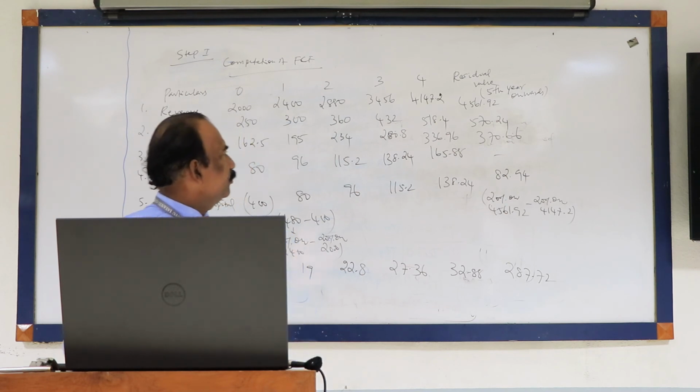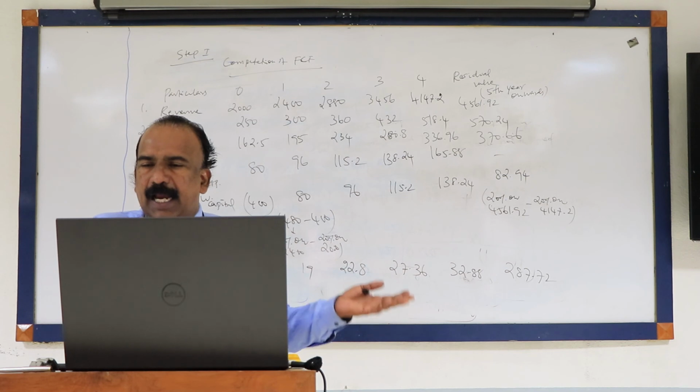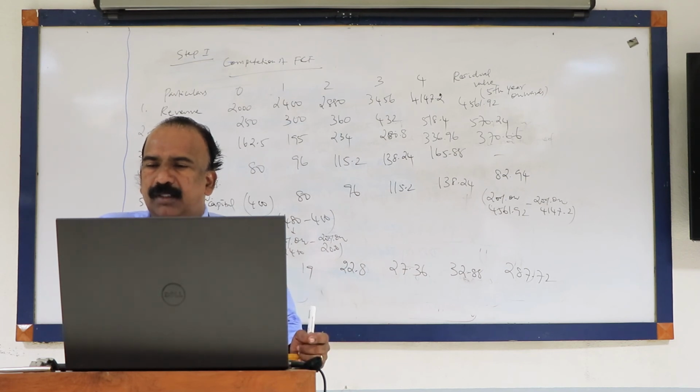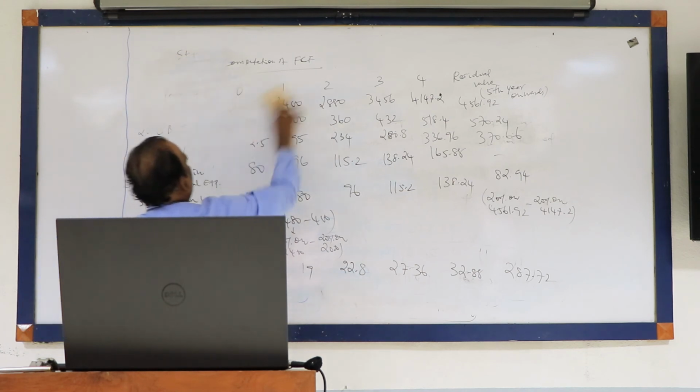Now calculate the present value of cash inflow during the high growth period and the present value of cash inflow during the stable growth period, as we have done for the previous case. That will give you the value of the company. So we can finish that.